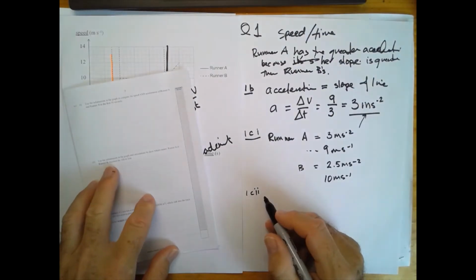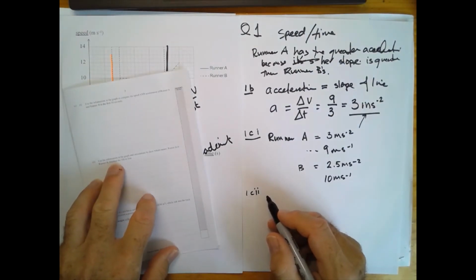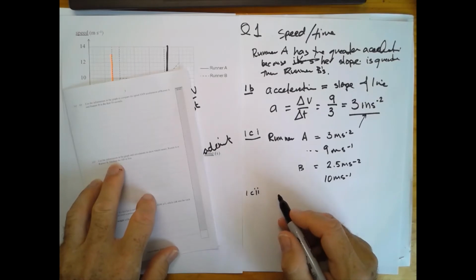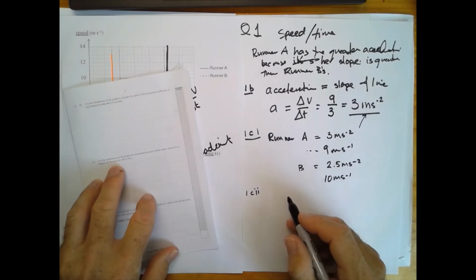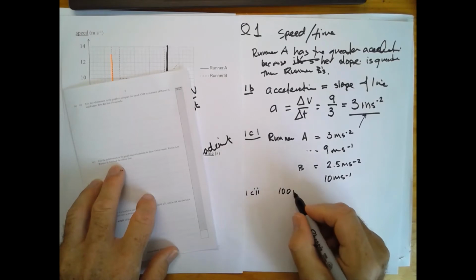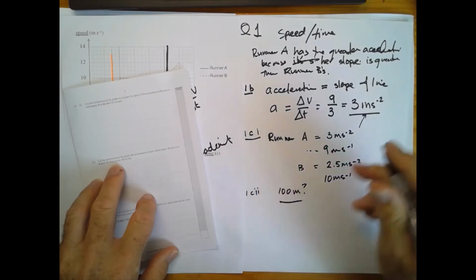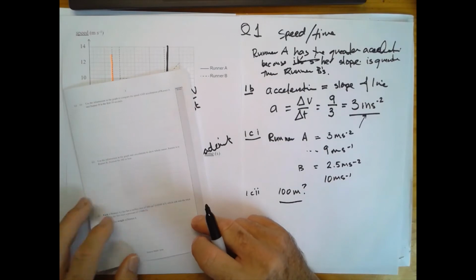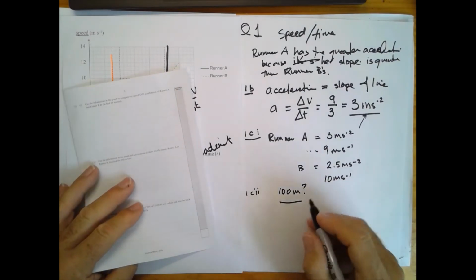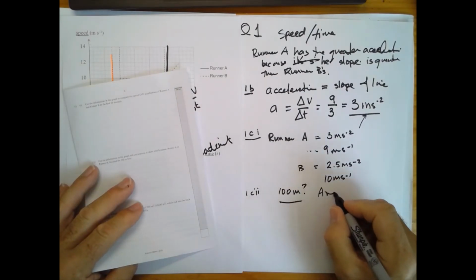Part 2. Use the information in the graph and calculate to show which runner, A or B, finishes the 100 meters first. Who wins the 100 meters first? Now to do this, we'll need to calculate the area under the graph.